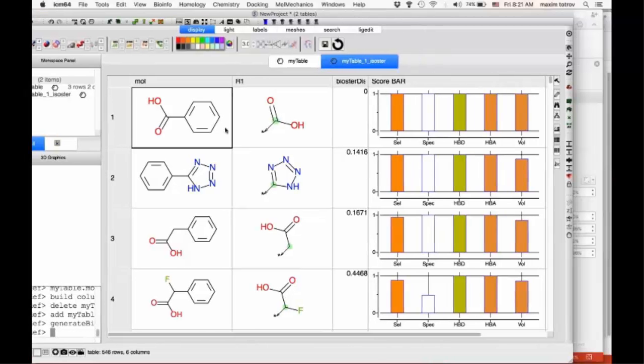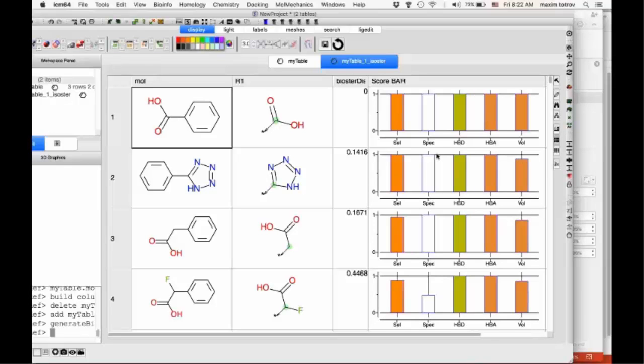It basically introduces first just the query, which goes with all ones in the score bar, and then, let's say, the tetrazole ends up being second.